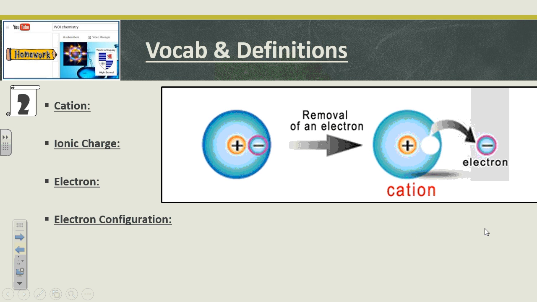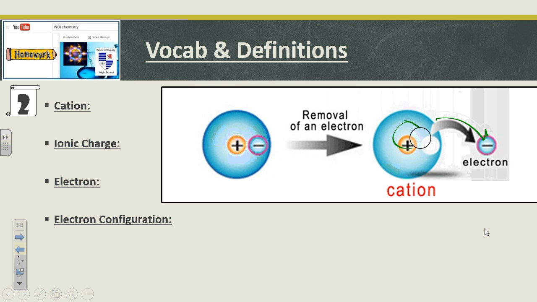Cation is the removal of an electron, so it is a positive ion. I lose an electron, I become more positive. You can actually kind of see it in this picture. If I have a positive in the middle and I have a negative on the outside, they kind of cancel each other out. But then when I go and lose this electron, the electron goes away, all that's left is that plus in the middle.